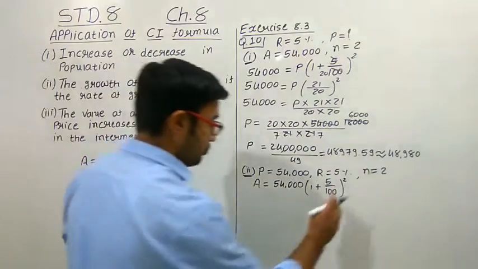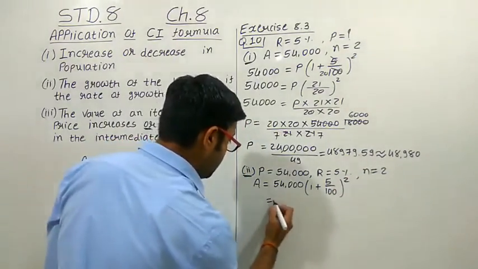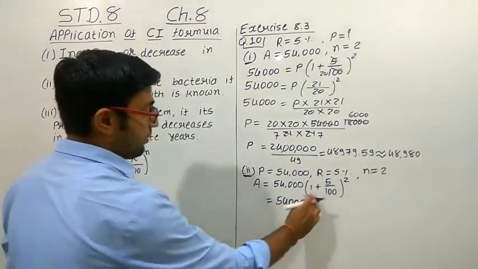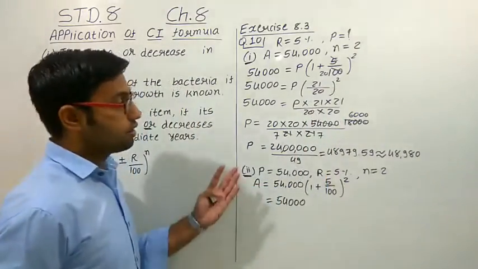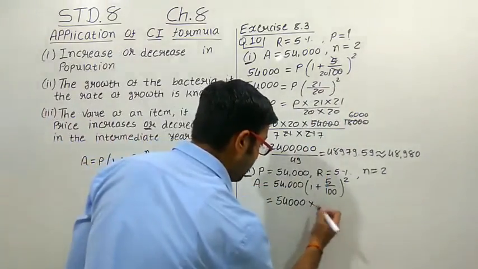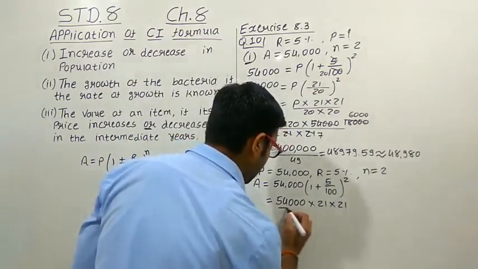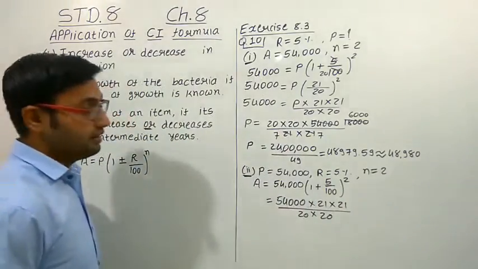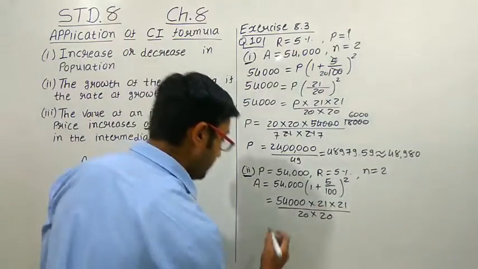Because the time is 2 years, we take the power equal to 2. Now this 54,000 remains as it is. Here we know that 1 plus 5 upon 100 gives 21 upon 20 whole square. That means we can write it as 21 into 21 upon 20 into 20. Right? Same thing we got before, so we can directly write it as it is.